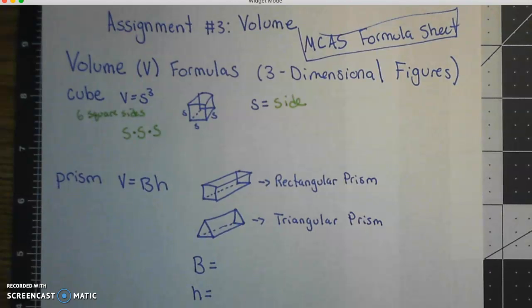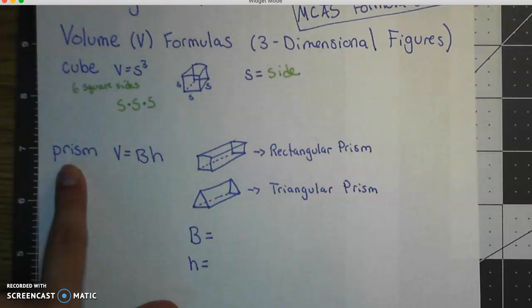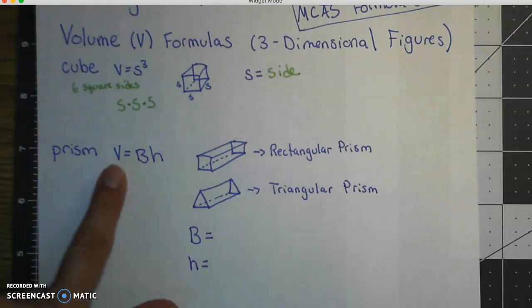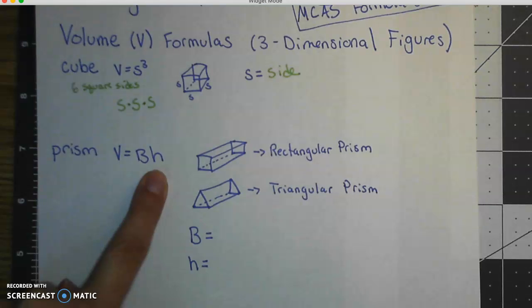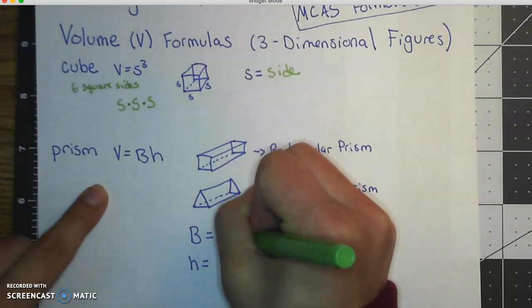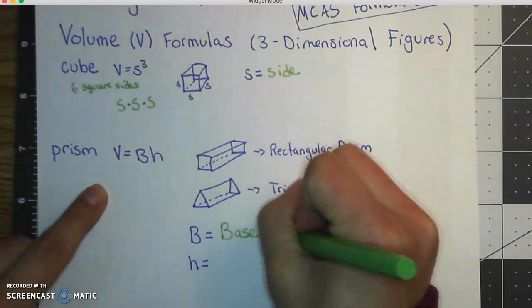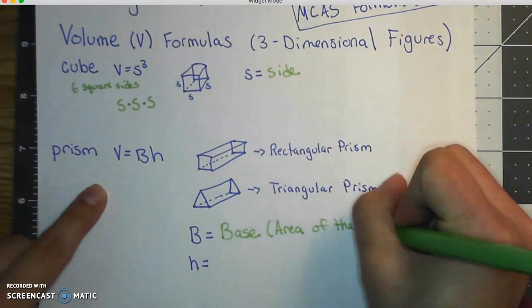The next shape they talk about on the formula sheet is a prism. Can you say that? Prism. The volume is big B times H. The big B stands for the base, but it's the area of the base.